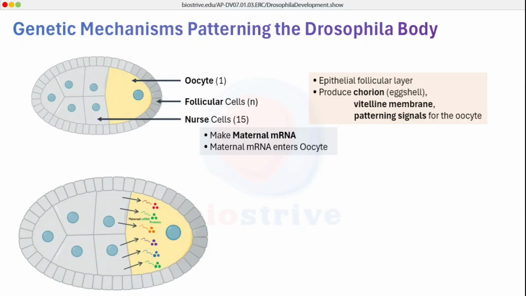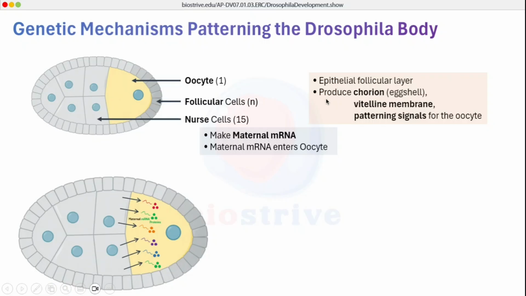Now we will start with the genetic mechanisms in axis specification in the Drosophila body. Let's first understand the structure of the egg chamber. So it has outer follicle cells, and these follicle cells are epithelial in nature.